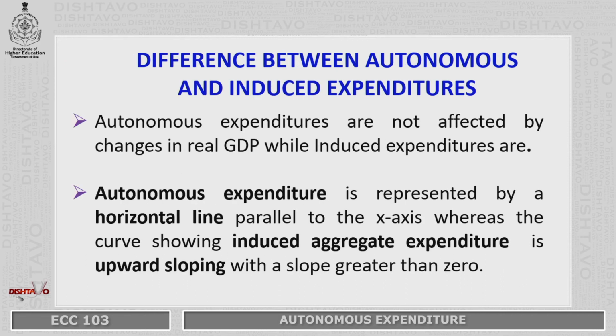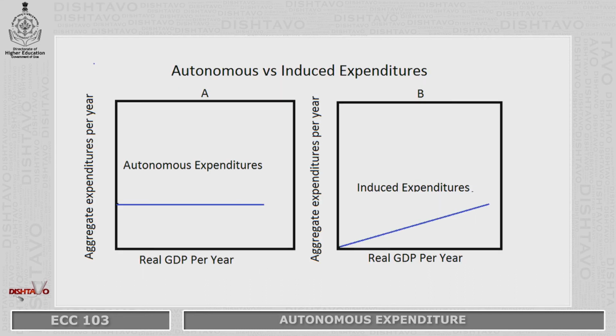Let us look at the difference between autonomous and induced expenditures. As explained earlier, autonomous expenditures are not affected by changes in real GDP, while induced expenditures are. Autonomous expenditure is represented in this figure by a horizontal line parallel to the x-axis. So, it implies that when GDP changes, there is no change in autonomous expenditure.